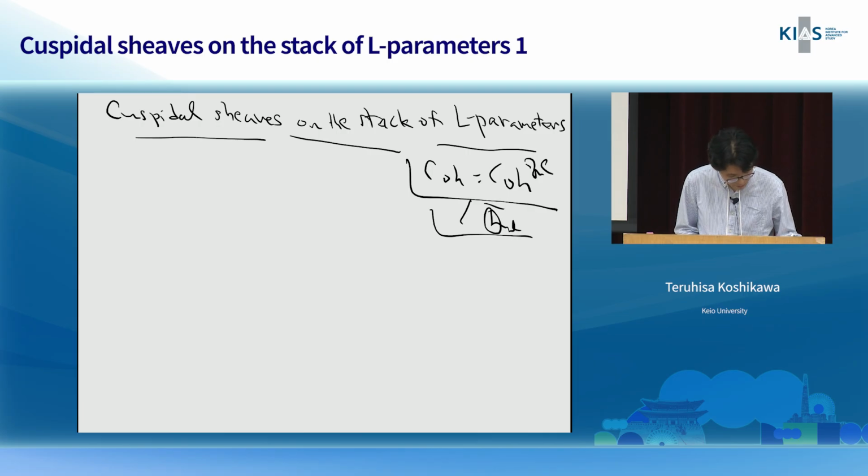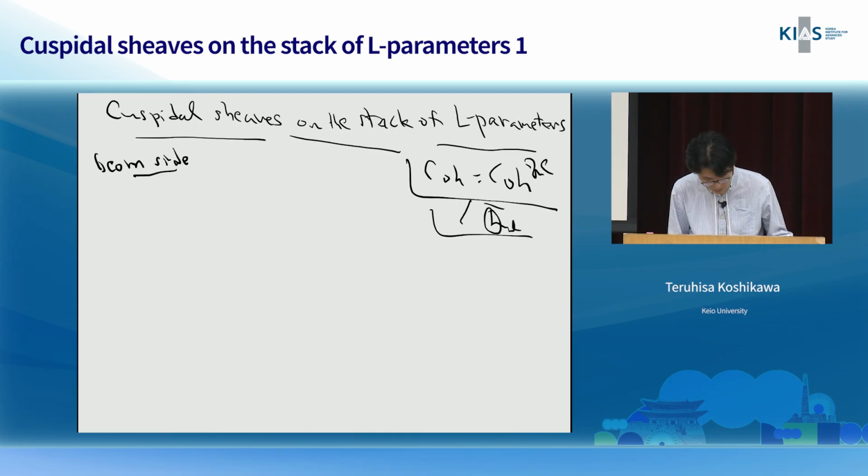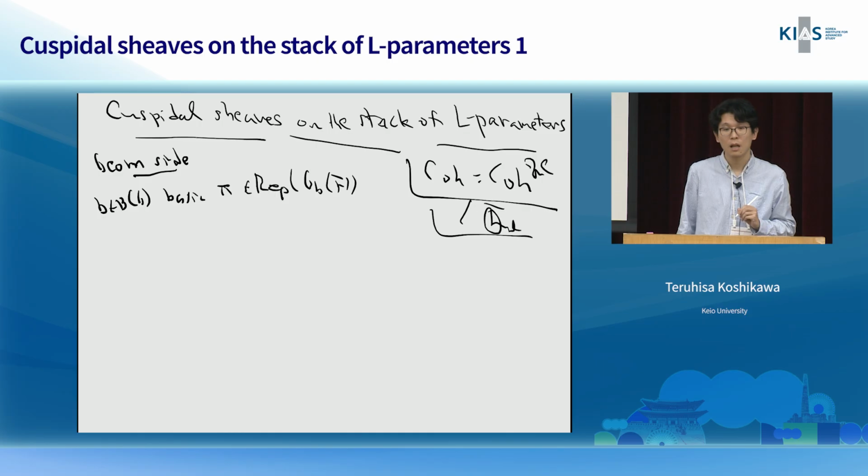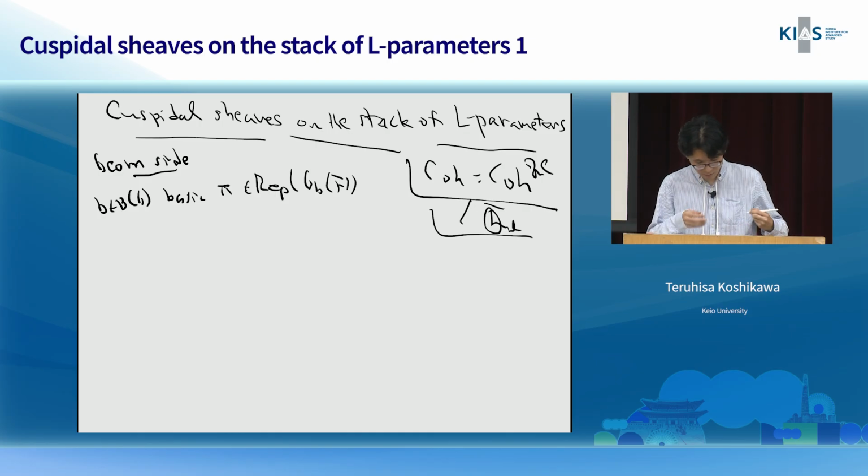Now, some observations on the geometric side. I'll take a basic point b, and the representation there, pi, of G_b(F). And then I have the sheaf on Bun_G corresponding to pi.